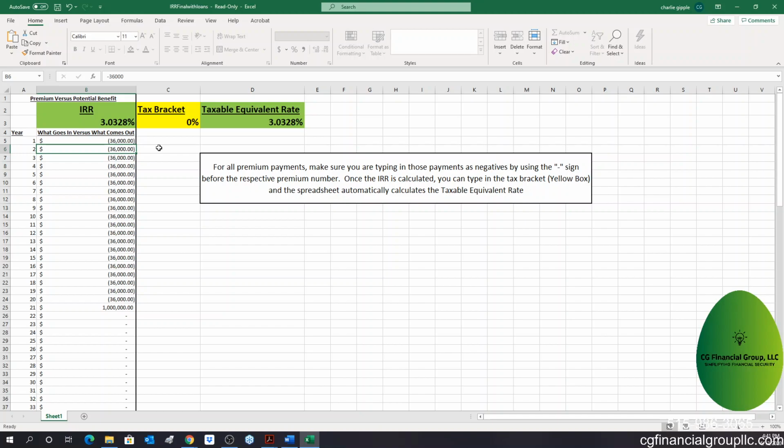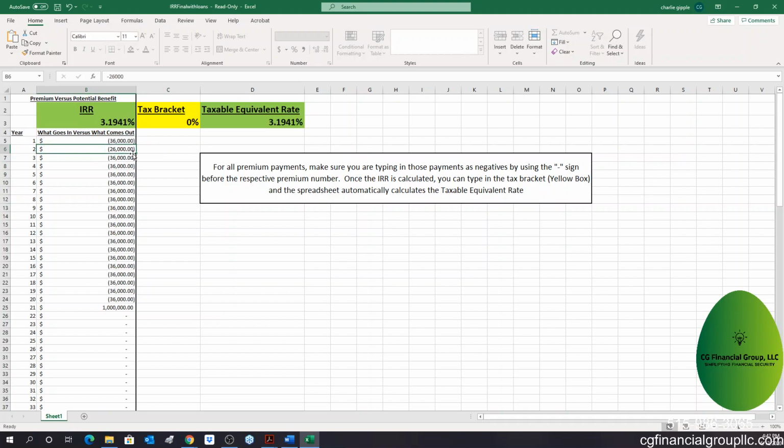He said, what would that look like? Of course, because I have a loan on the policy, my net cash flow is $10,000 coming out, but $36,000 going in, which means my net cash flow would be negative $26,000.